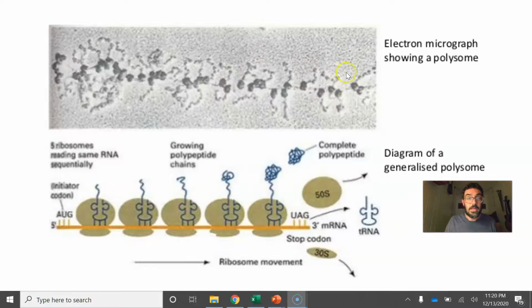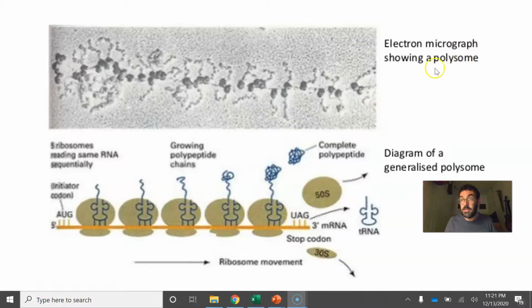Each one of them is basically translating the same gene. And so we can regulate the rate of gene expression by changing the number of ribosomes present on each mRNA strand. Your big vocab term here is this word up on the top right, a polysome. Not a hard concept.